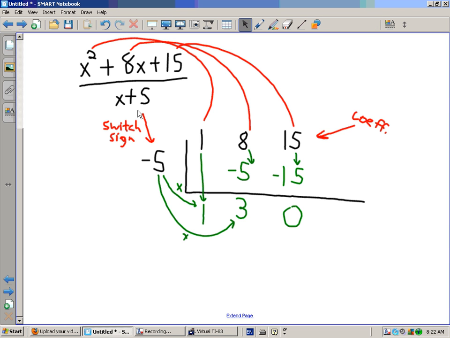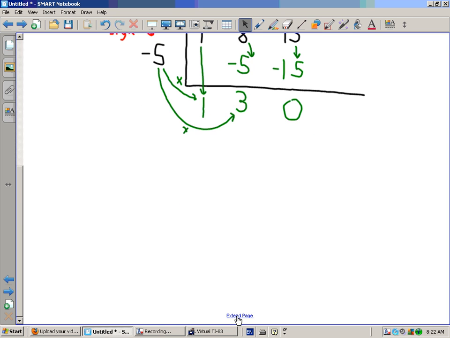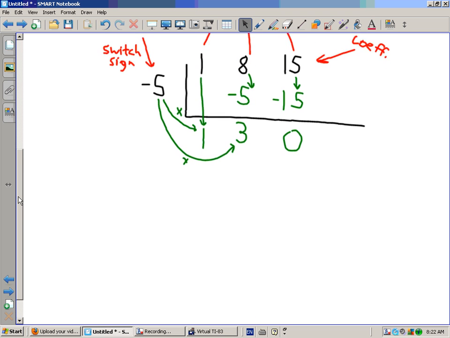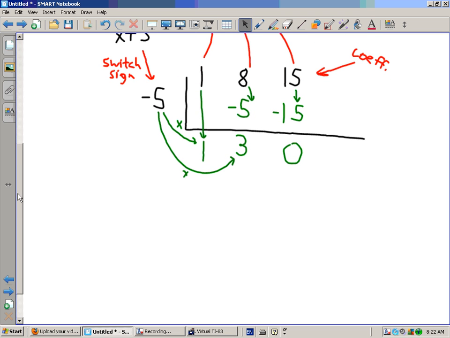Now, the numbers that we have down in the bottom here, they may look familiar, the 1 and the 3 and the 0. Here's their significance. I'm going to scoot up a little bit here. This 0 right here, this last number in our bottom row, is our remainder.